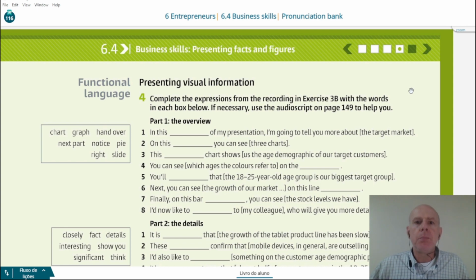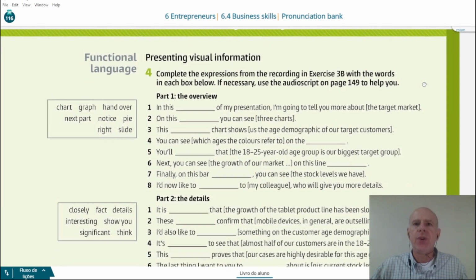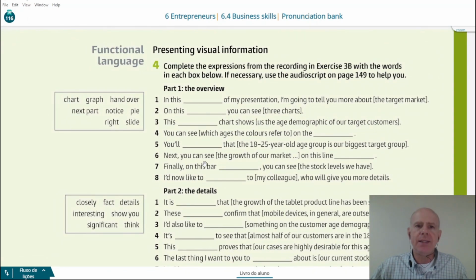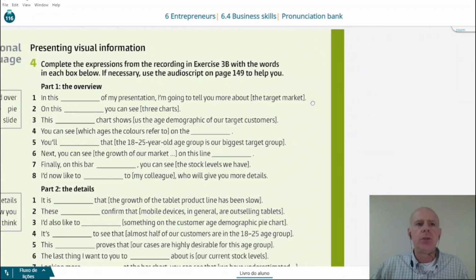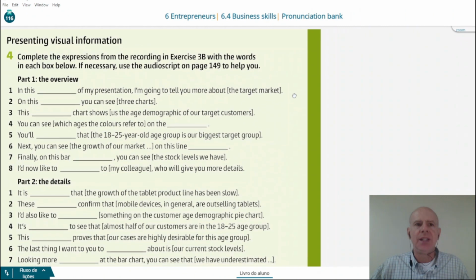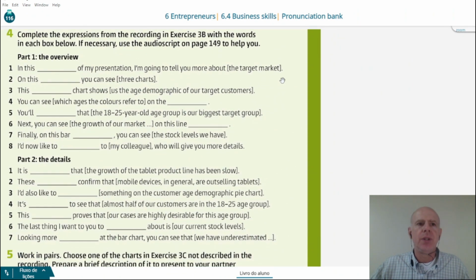Well, I'm going to play the audio again for you to complete these sentences, but I'm going to hide the words that you are going to use to complete them. These sentences are from the audio of part A of the lesson.